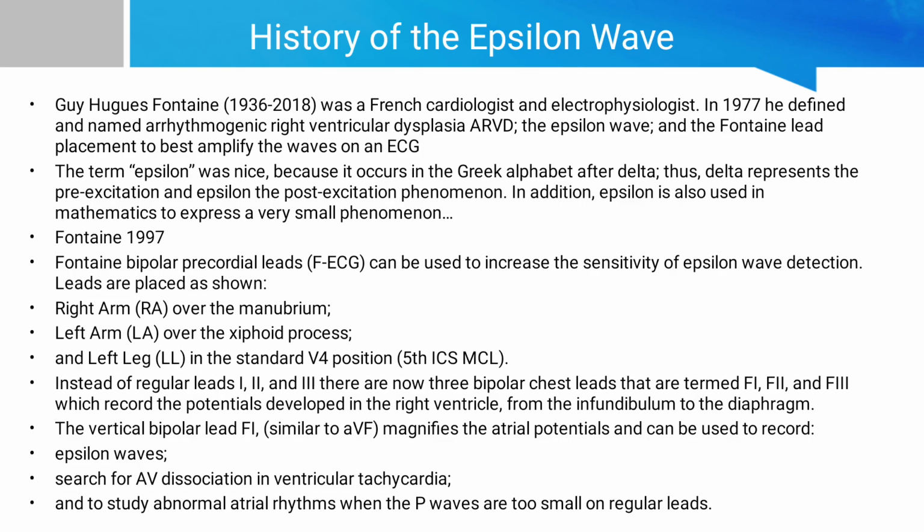The term epsilon was nice because it occurs in the Greek alphabet after delta, and thus delta represents the pre-excitation and epsilon the post-excitation phenomena. In addition, epsilon is also used in mathematics to express a very small phenomenon.